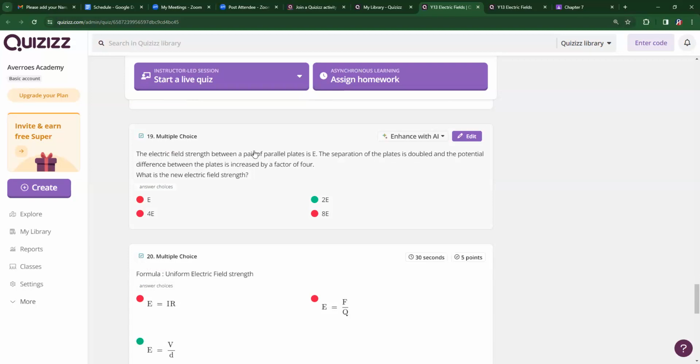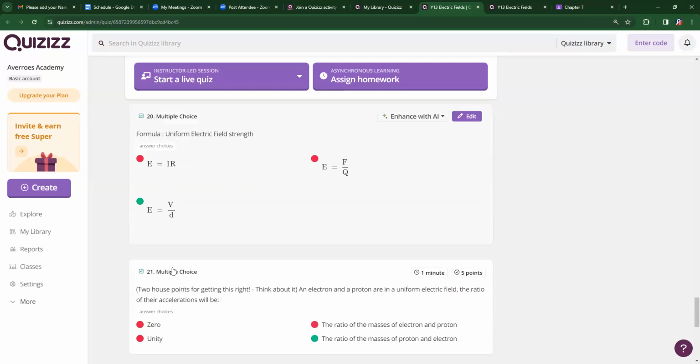Electric field strength between a pair of parallel plates is E. Separation is doubled. Potential difference is increased by a factor of 4. What is the new electric field strength? Here it is basically about writing the equation for what strength is and how strength relates to force and separation. Okay, so the formula for electric field strength is voltage over distance.